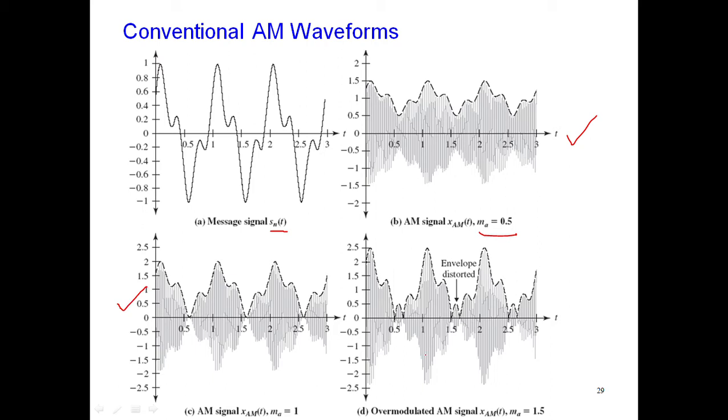And if you do over modulation by using ma more than 1, like 1.5, you are going to get the envelope distorted. The perfect one is ma equal to 1, but it actually depends on the value of Am and AC and also the minimum s(t).